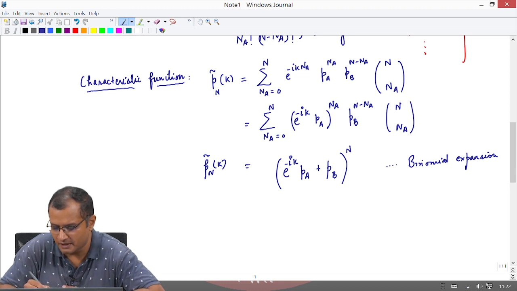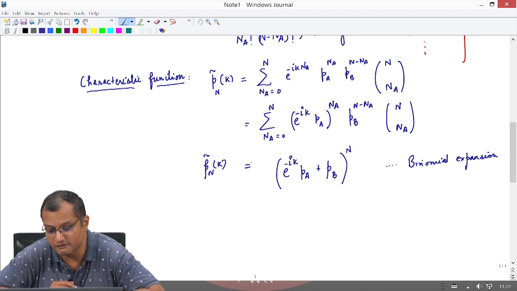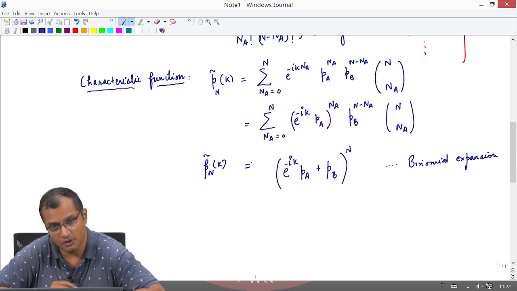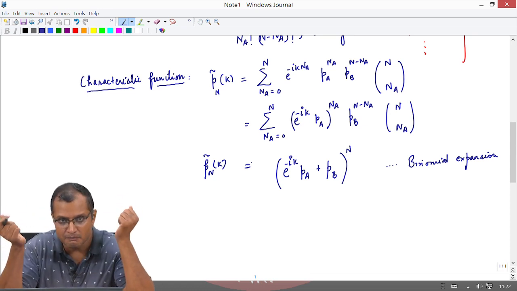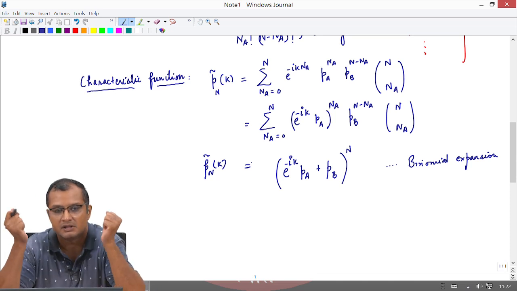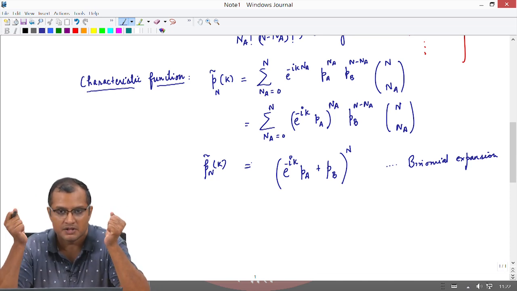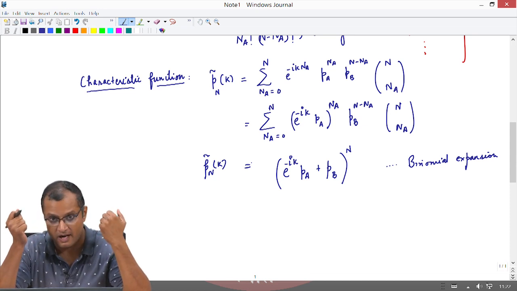So, for example, you can now straight away go and compute the binomial moments of the random variable n a. You can also compute the cumulants, the first cumulant being the mean itself, the second cumulant being the variance of the random variable, the third cumulant being the skewness of the random variable, and the fourth cumulant being the kurtosis of the random variable.